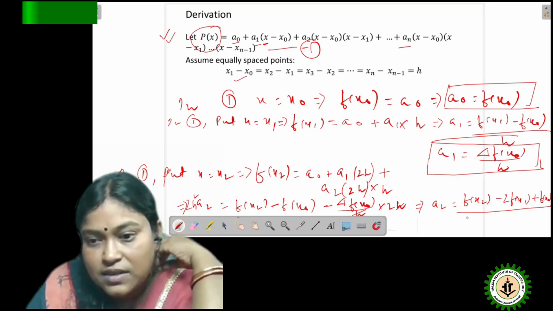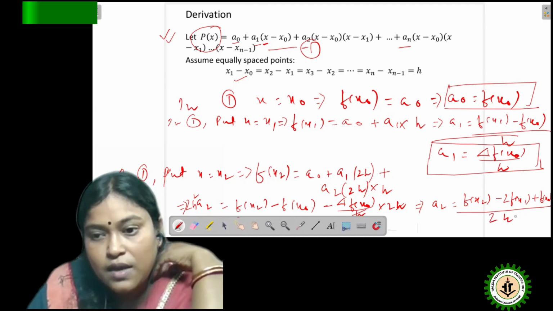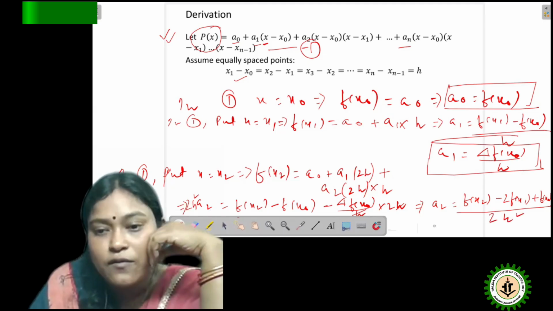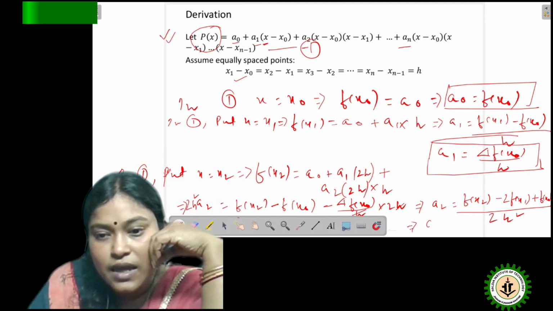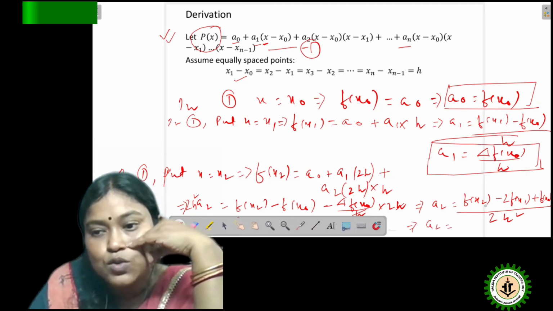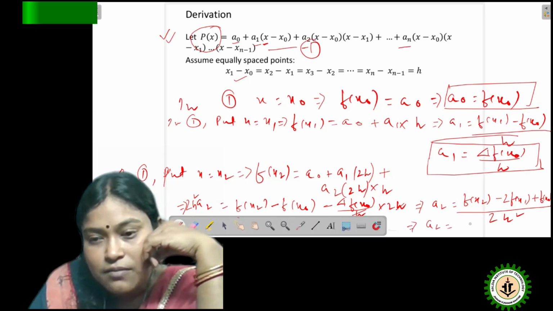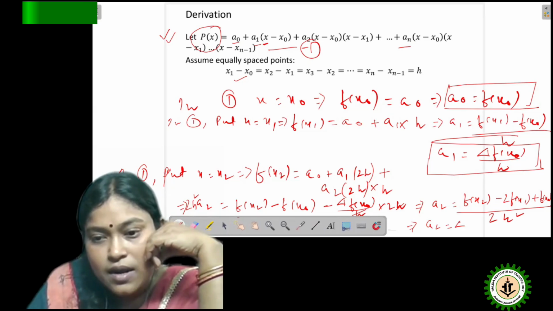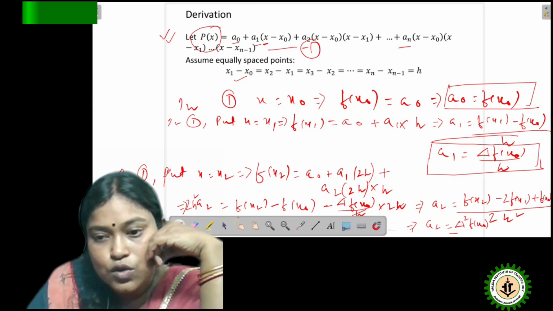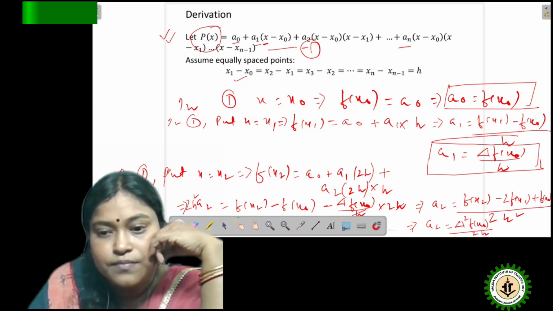So if I divide this by 2h square, I will get the value of a2, which is nothing but a2 will be equal to f of x2 minus 2 f of x1 plus f of x naught, which is nothing but delta square f of x naught by 2h square.